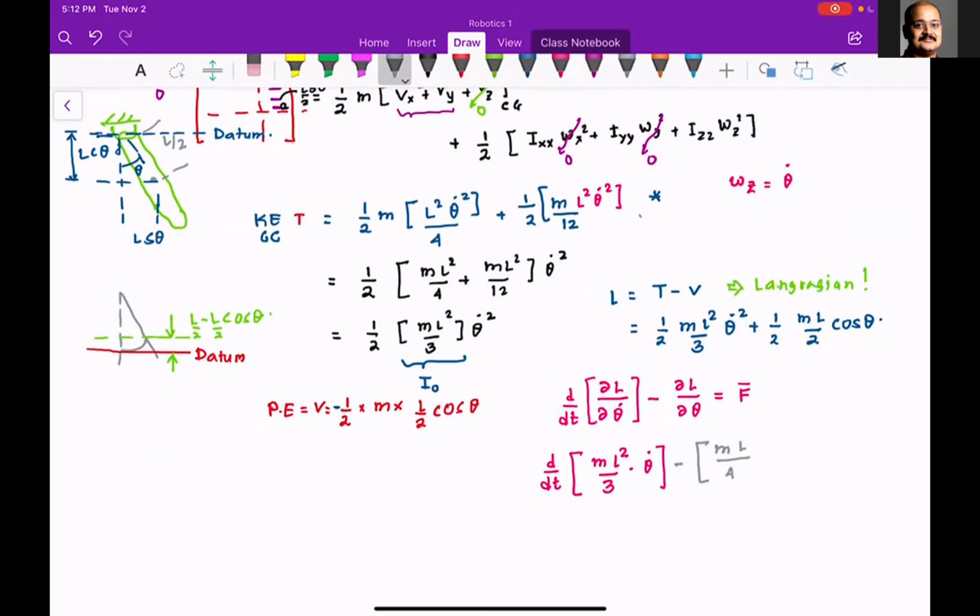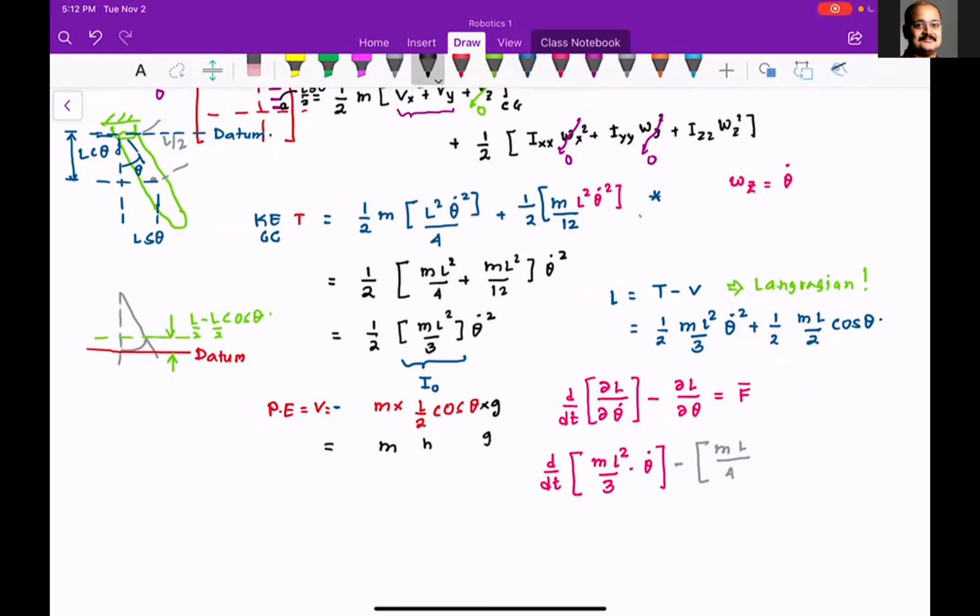So mg, okay, I made a mistake here. I don't have g here, but the potential energy is mgh, so there should be a g here. So m times h times g.